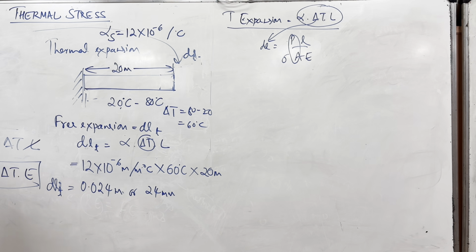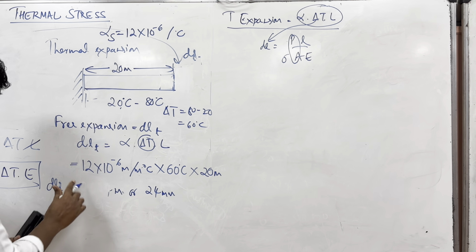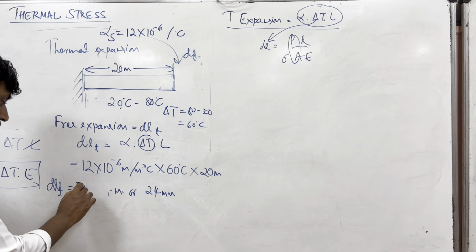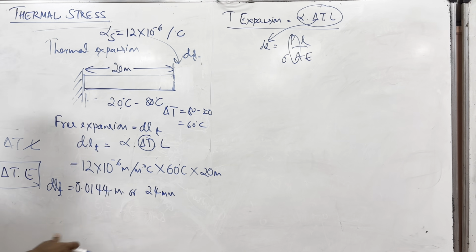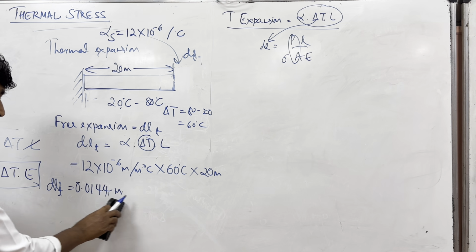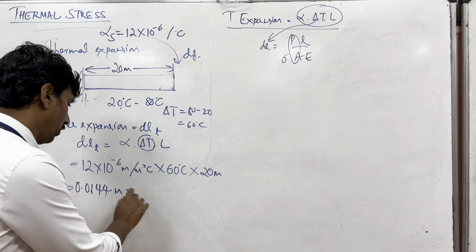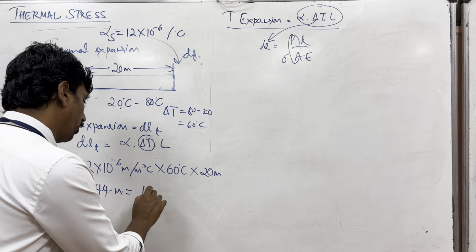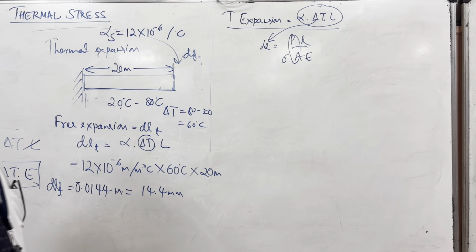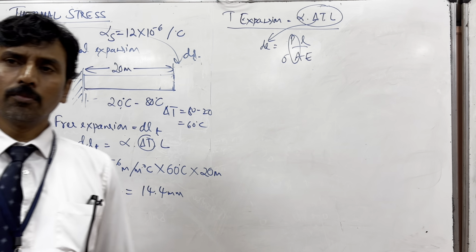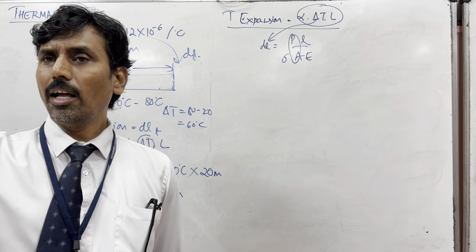To convert, 1 meter is equal to 1000 millimeters, so multiply by 1000 and you get it in mm. The answer is 0.0144 meters, so that becomes 14.4 mm.